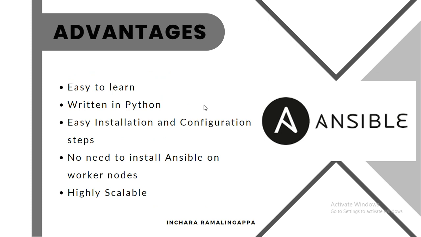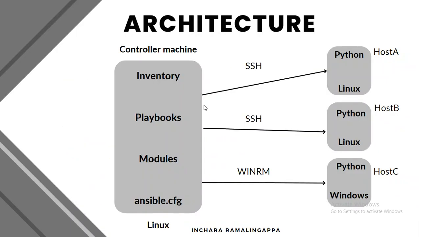And advantages of Ansible. If I talk about the advantages, why Ansible? Because there are many tools available in the market, Chef, Puppet. Why Ansible? Because it's easy to learn. Because it's written in Python, and Python is easy to learn. And it has easy installation and configuration. No need to install Ansible on worker nodes, as I told you in the previous slide.